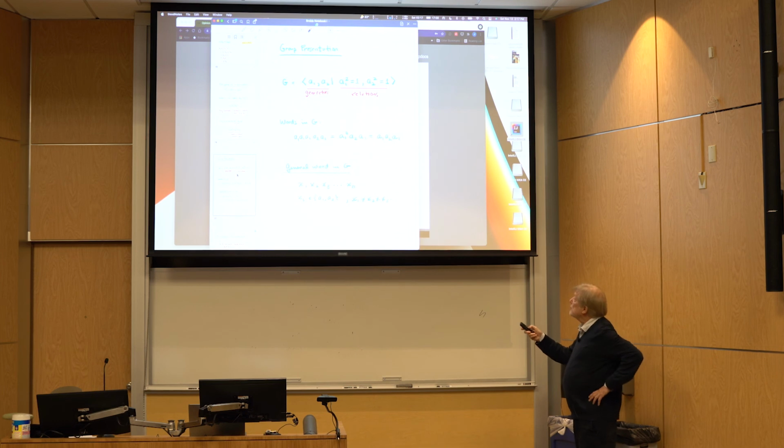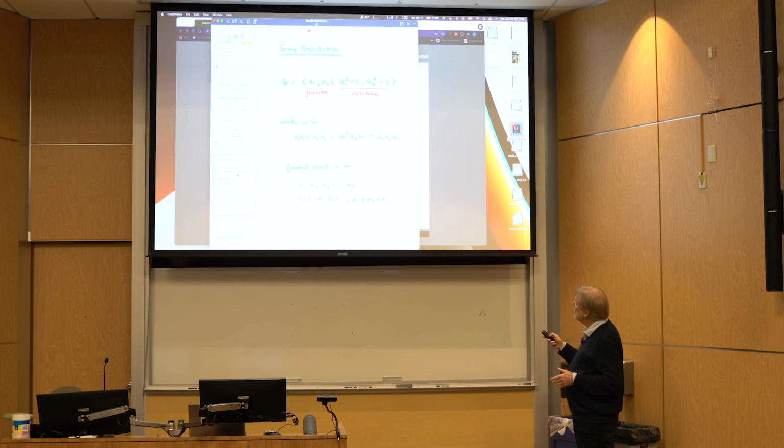So I'm going to take as a particular example, let's say it this way, suppose that I just had this, and I didn't have the second part, no relations. Then I would have the free group on 2 letters. So its elements would just be arbitrary words in A1, A2, and their inverses. But I have these extra relations.